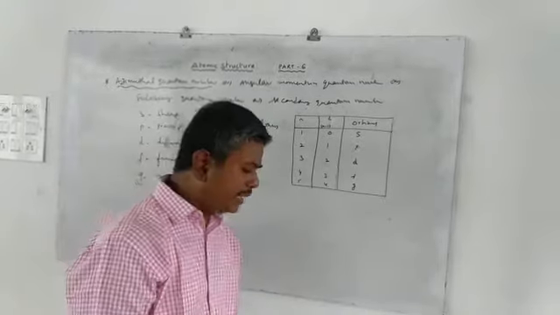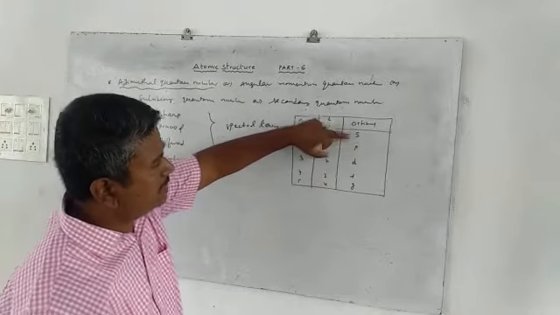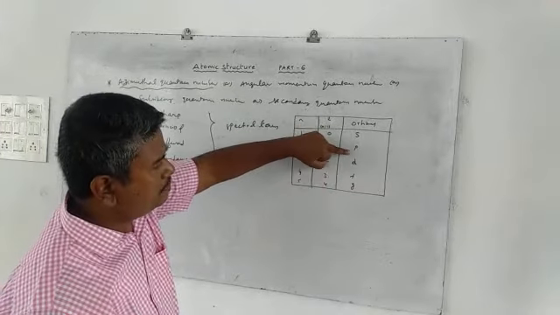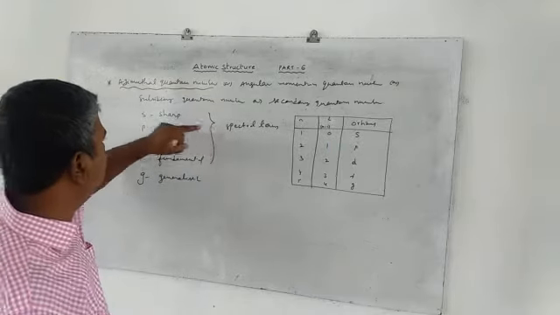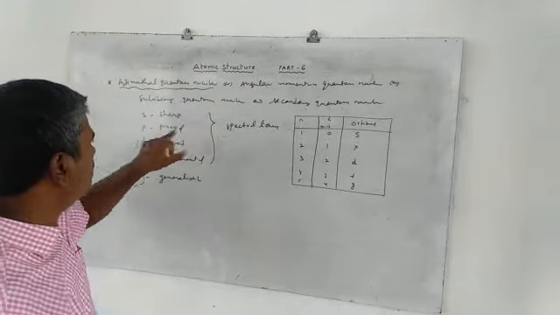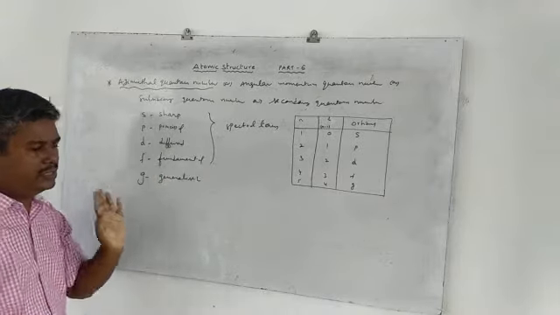Clear? And so from this, why are these named SPDF? SPDF are spectral terms. S for sharp, P for principal, D for diffused, F for fundamental, and G for generalized.